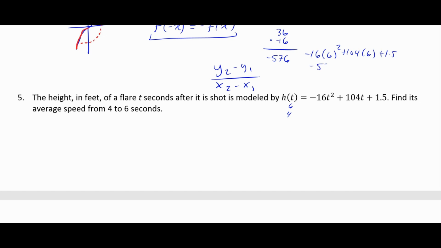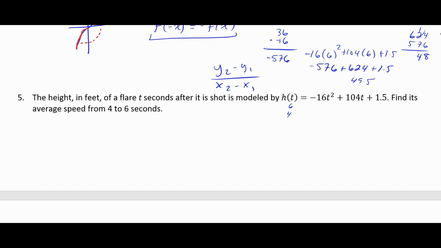And then 104 times 6 is 624 plus 1.5. And then let me see if I can simplify this. So 624 minus 576, borrowed there, that'll be a 48. So 48 plus 1.5, that'll be 49.5.